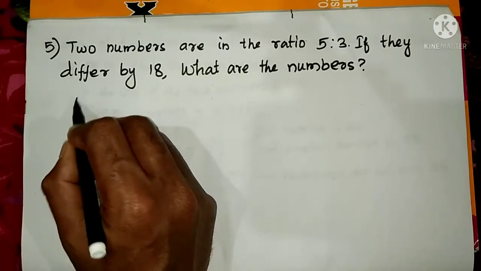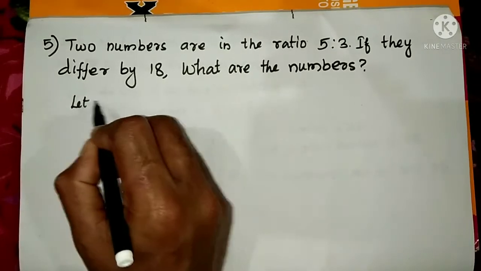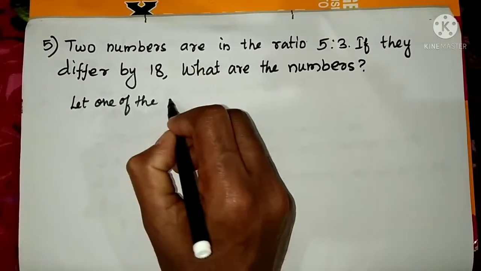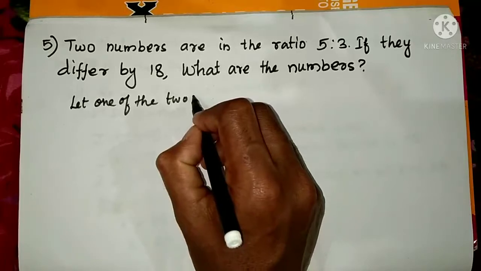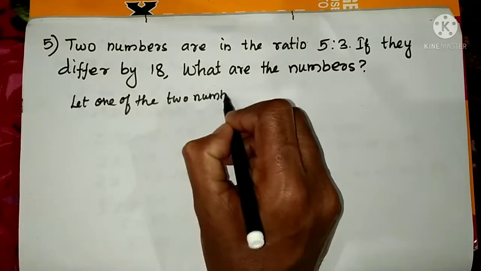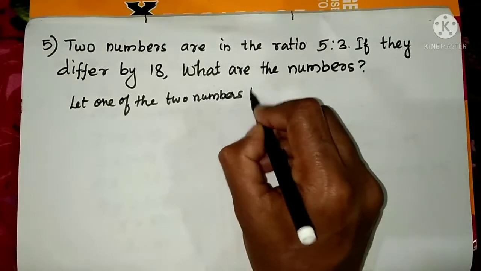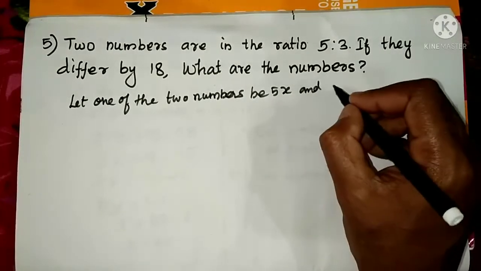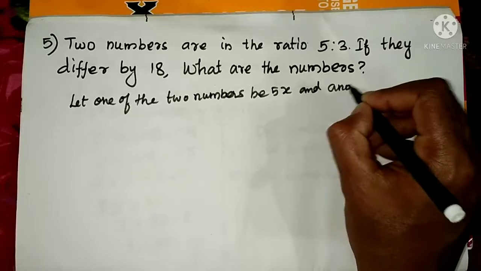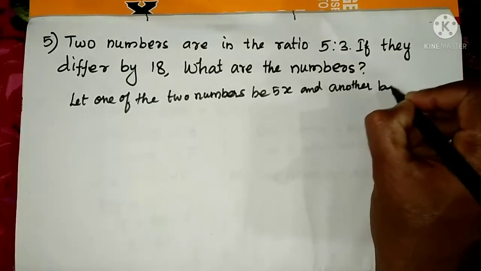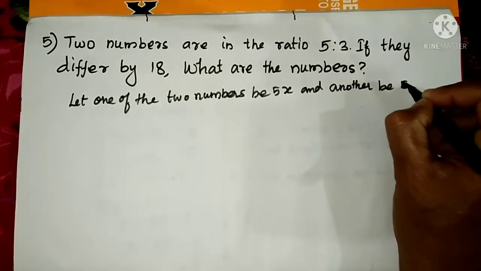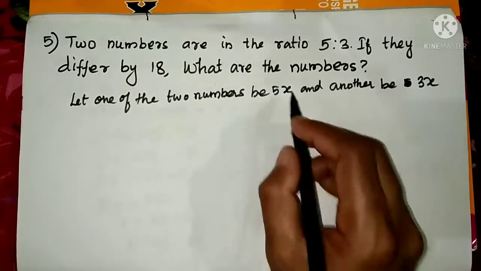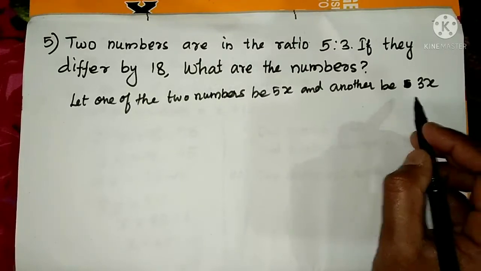We can write, let one of the two numbers be 5x and another be 3x. So 5x and 3x.